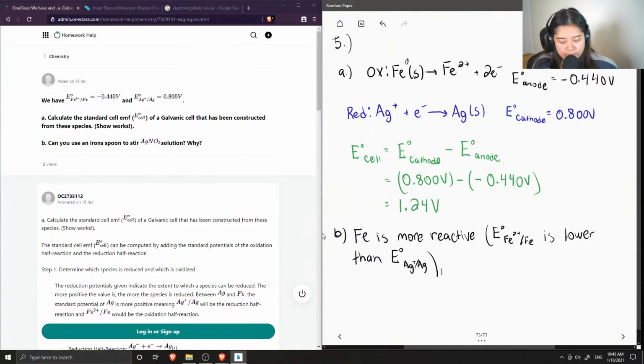So this means that silver plus will oxidize your solid iron to Fe2 plus.